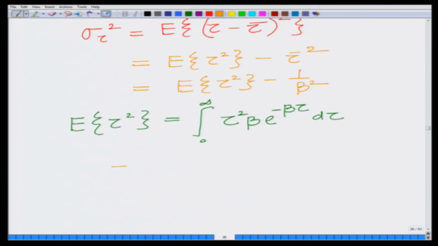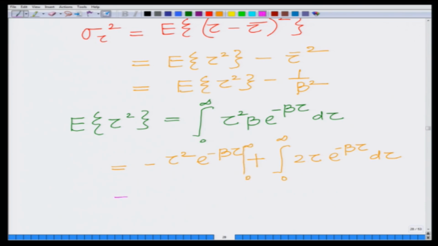Once again, using integration by parts, I have beta e to the power of minus beta tau integrated to give minus e to the power of minus beta tau, so we get minus tau square e to the power of minus beta tau plus, now differentiating tau square, this is 2 tau e to the power of minus beta tau d tau, and of course, the first term is between the limits 0 to infinity.